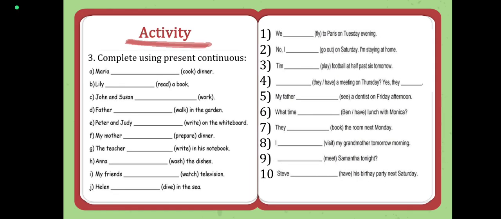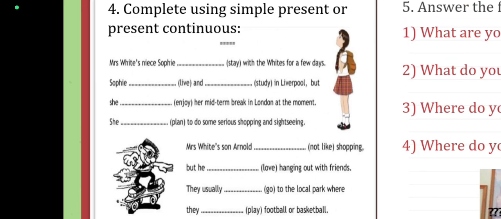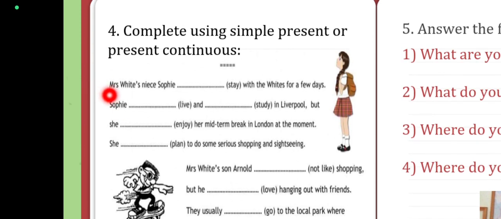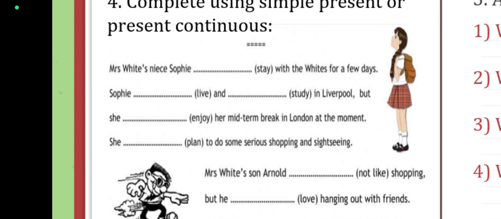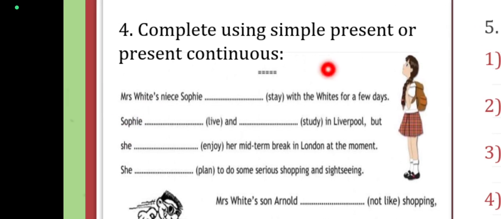Is this clear? Yes, teacher. Awesome. Now here we have a short paragraph, and you need to complete it using simple present or present continuous, depending on the context. So you have to be really careful. Remember, we use simple present with habits or events that happen habitually.